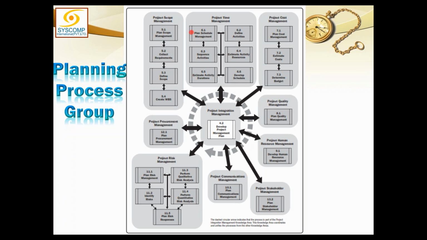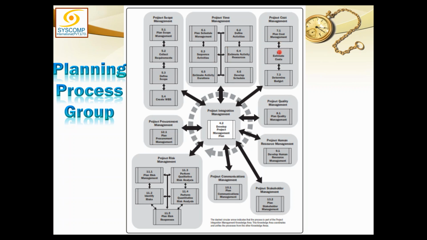In time, the first process will always be to create the management plan. The first process is plan schedule management, then define activities, sequence activities, estimate resources, estimate durations, develop schedule. And the interaction is also shown: the schedule management plan is needed by all the processes. This interacts with everyone. Define activities interacts with estimate activity resources. Anyways, cost has 3 processes.